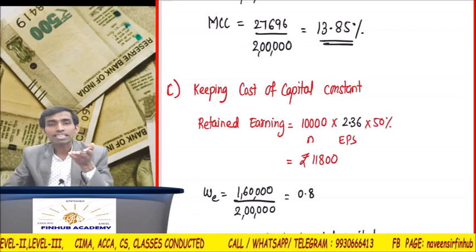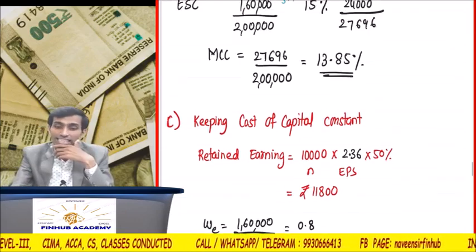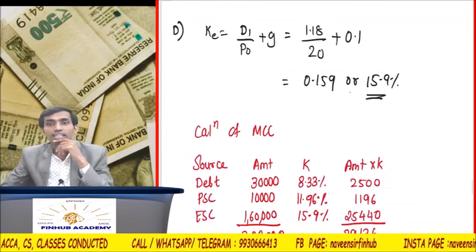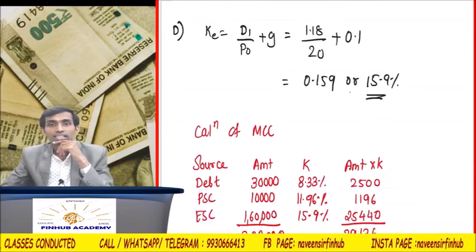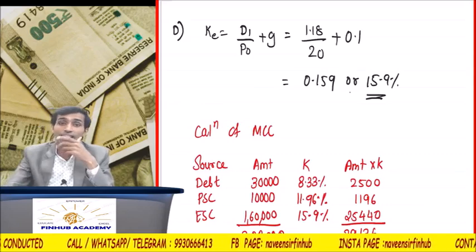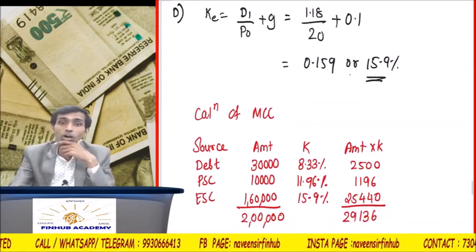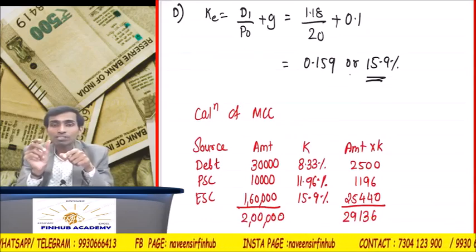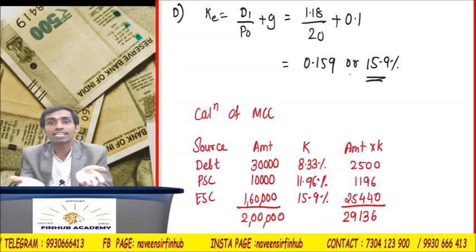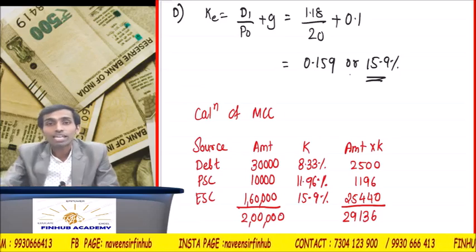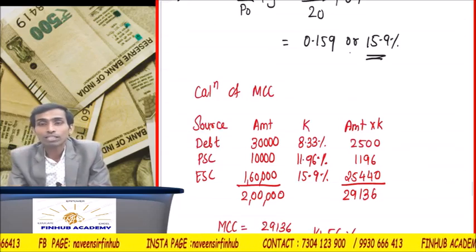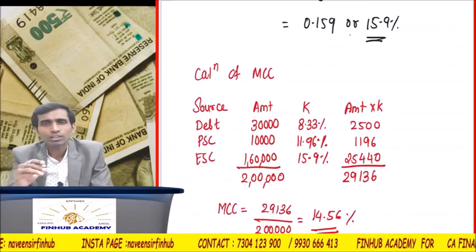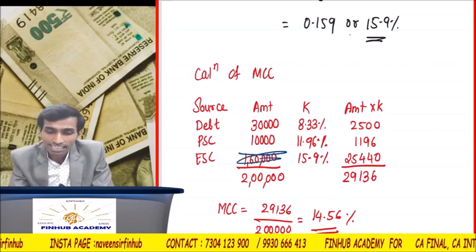I have considered the 20 rupees in KE. See, the KE I calculated now is based on that. Understand? If they had said that an additional 10,000 shares are issued, then I would have added that here.